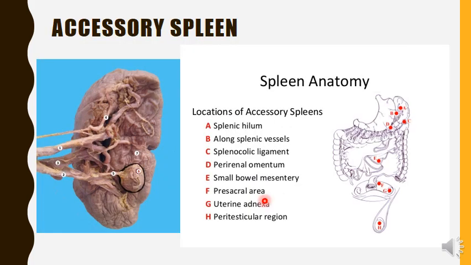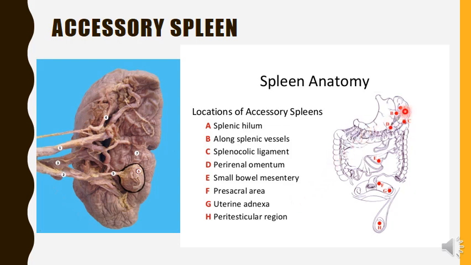Then coming to the accessory spleen. In this image we can see this area represents the presence of accessory spleen near the hilum. Sometimes encapsulated splenic tissues are found in any of the following sites, and these represent accessory splenic tissue.